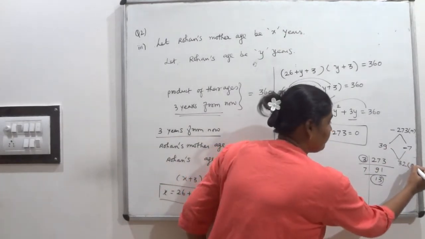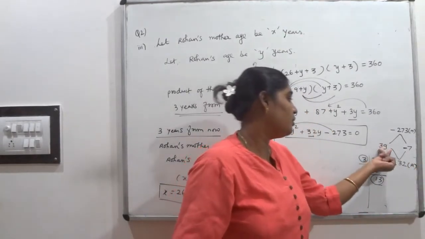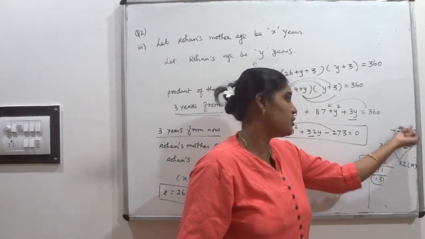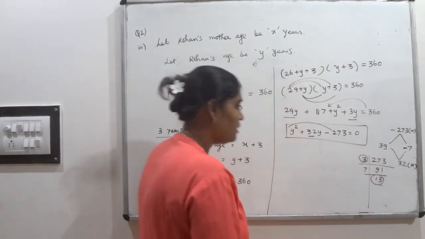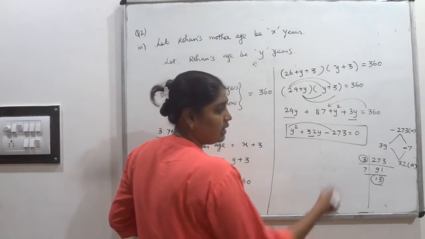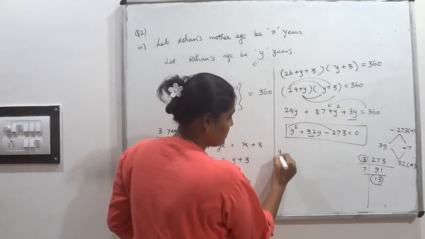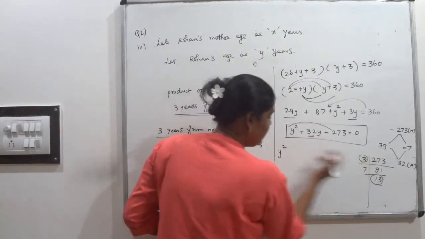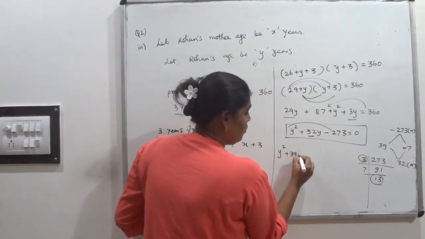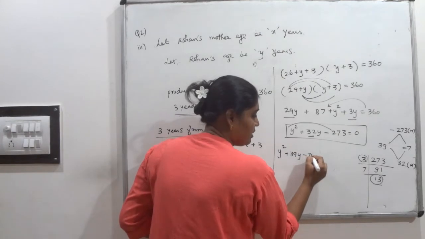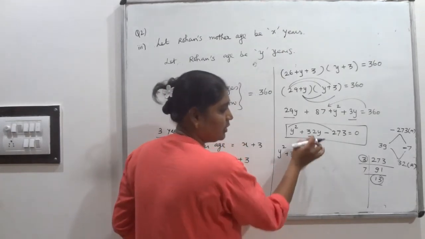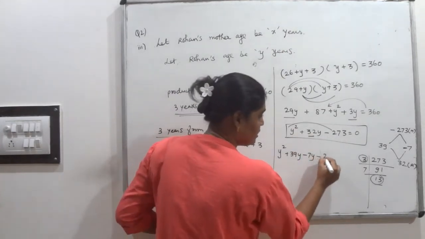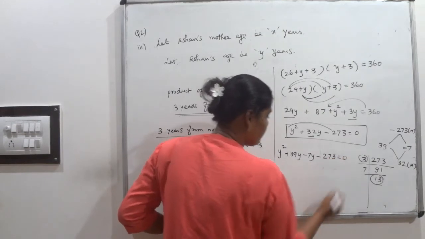Do the multiplication of these two numbers and you will get minus 273. So the two numbers are 39 and minus 7. I am going to split this one: Y squared, and in place of 32Y I can write 39Y minus 7Y, which gives 32Y. That's why I have written minus 273 equal to 0.